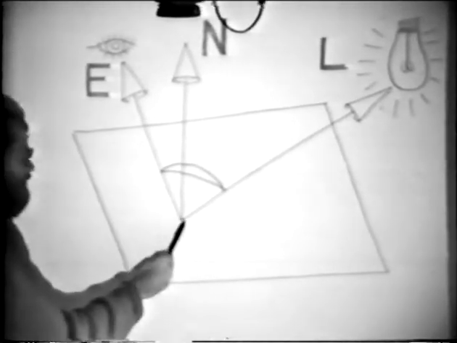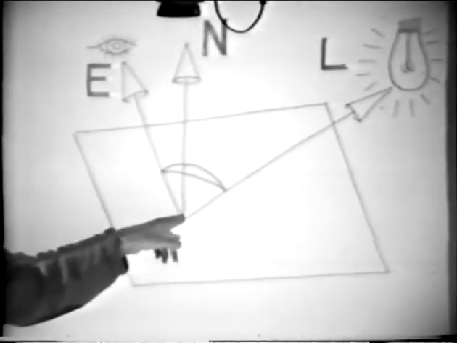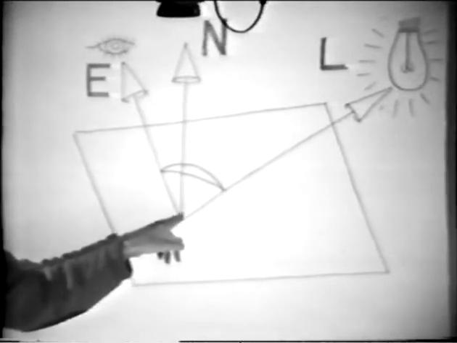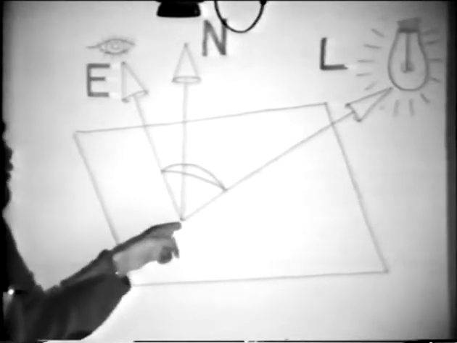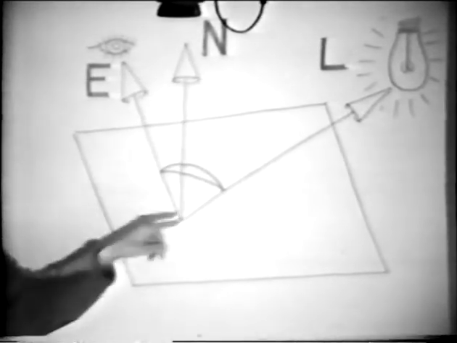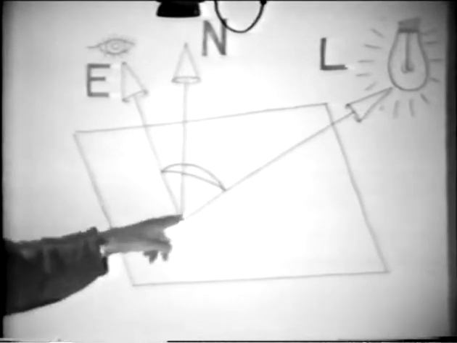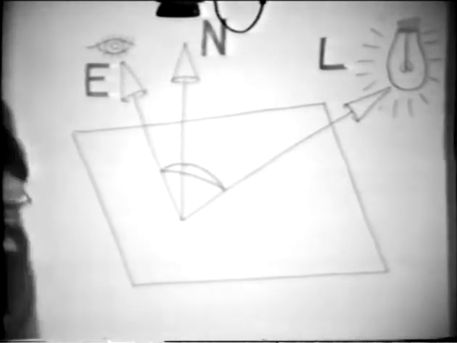We're assuming that this spot right here is what shows through the pixel. So this kind of rectangular region here is some surface. And so at that particular pixel, the normal to the surface is n. The vector to the light source is L, and the vector to the eye is E. And so the functions that we're going to be dealing with will be some functions of those three vector directions.